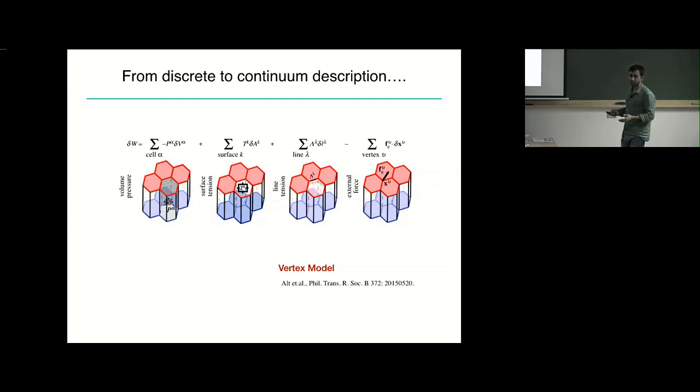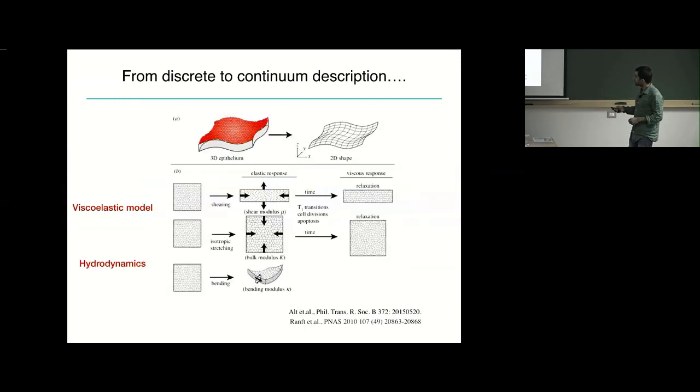Now, you also have continuum descriptions, where you have a large number of cells, and you want to take into account a multi-layered tissue. So here, for example, you have a layer of tissue with a large number of cells. You can approximate it as a viscoelastic interface. A viscoelastic interface will have an elastic response at short time scales, and a viscous response at very long time scales.